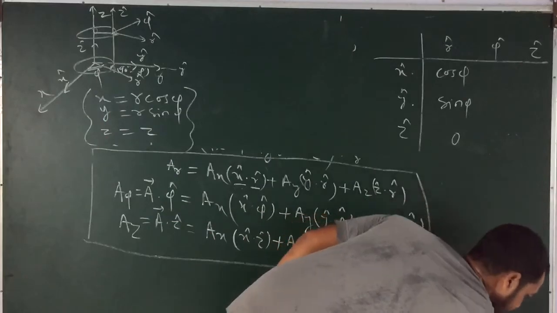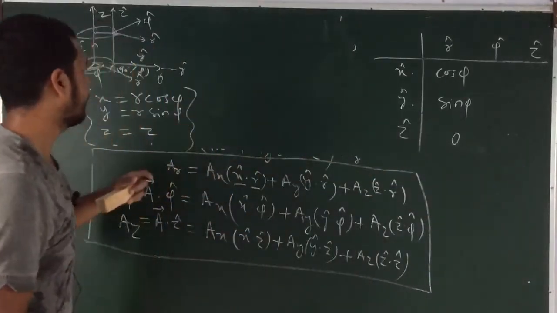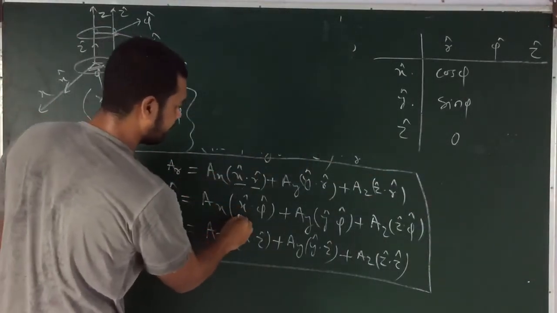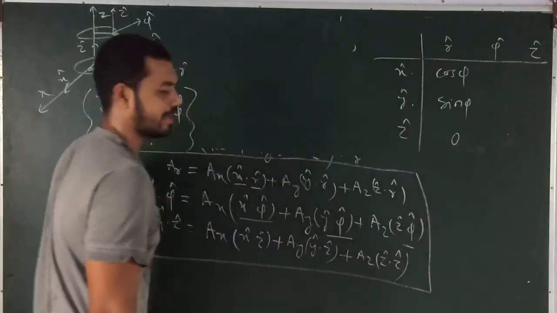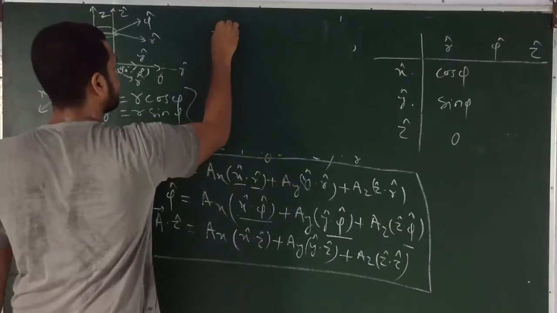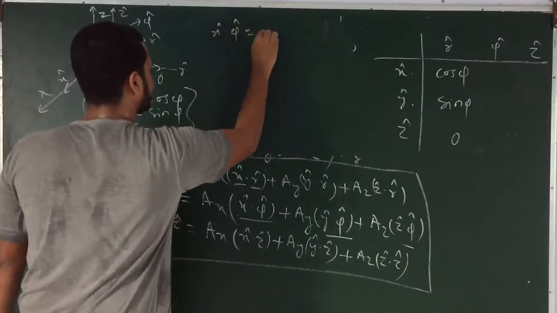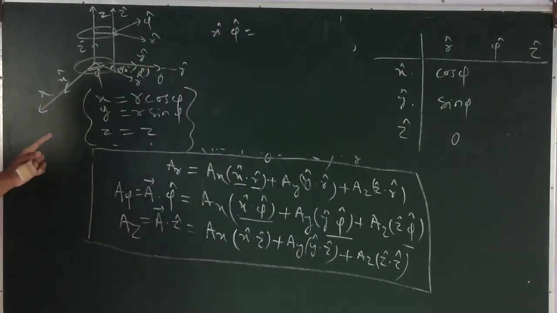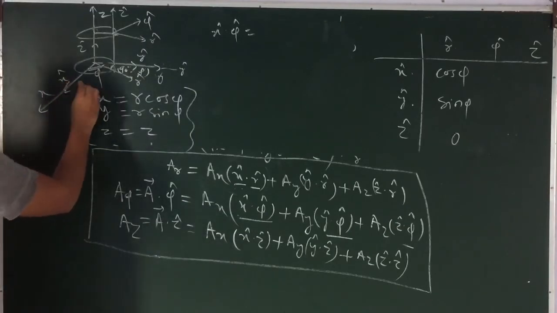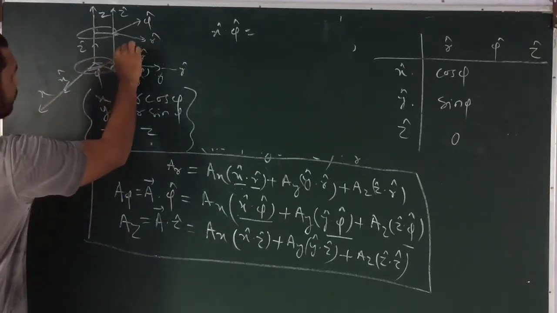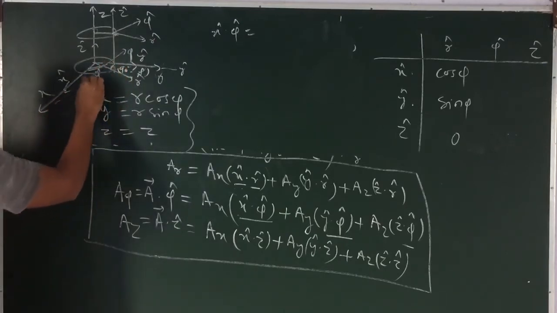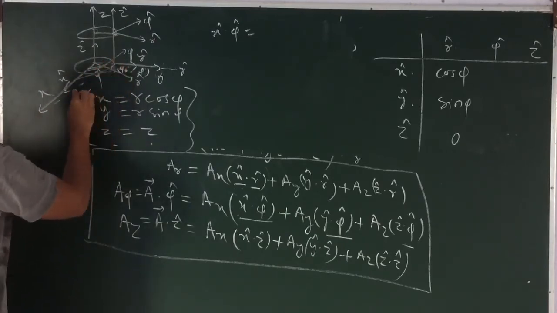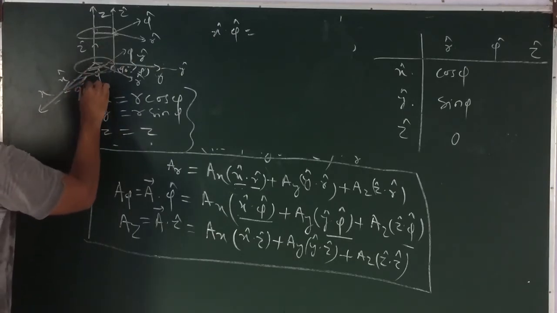Then we will discuss how we can find x cap dot phi cap, y cap dot phi cap and z cap dot phi cap. Okay, so x cap dot phi cap. What will be x cap dot phi cap? This is the direction of x cap. This is the direction of phi cap. From here you can see that this angle is obviously greater than 90 degrees.